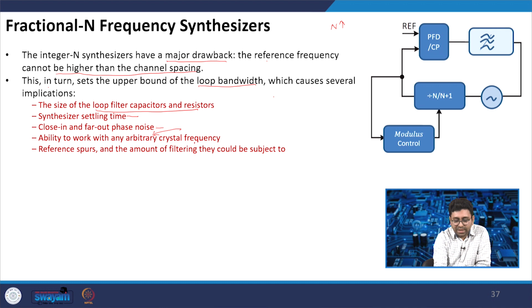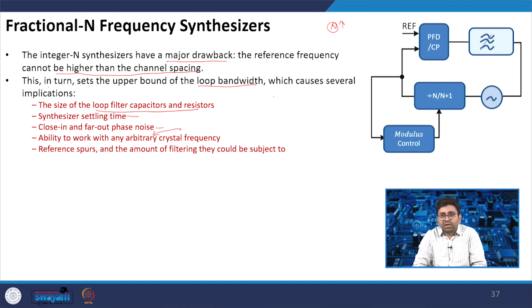So we cannot use just any crystal oscillator. Reference spurs and the amount of filtering are also impacted by the number N, that is, how much division we are doing. So, what is the solution?